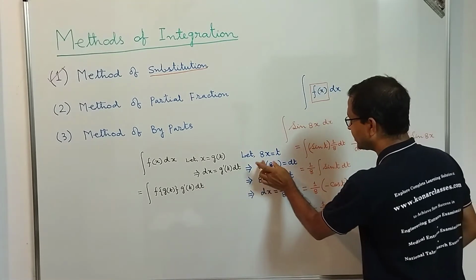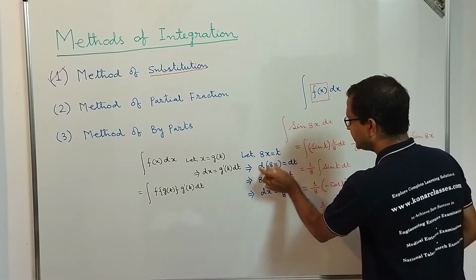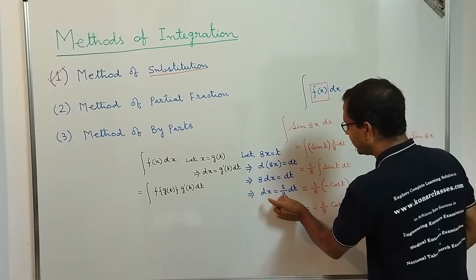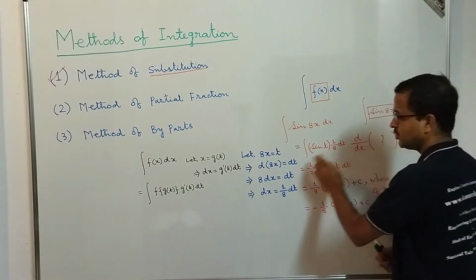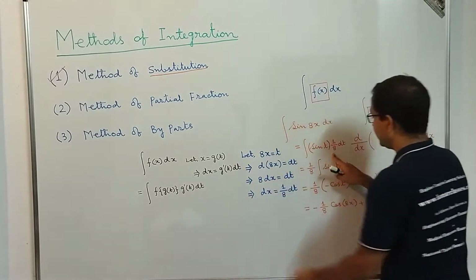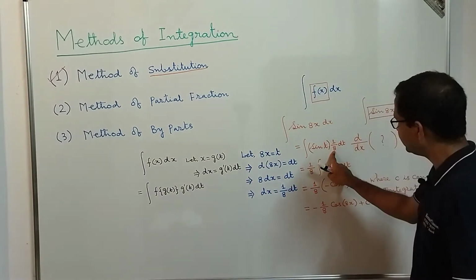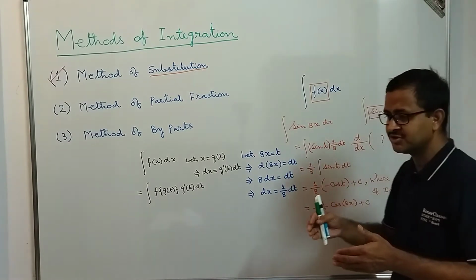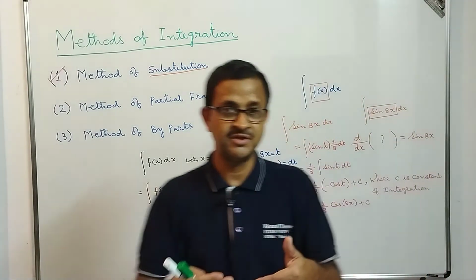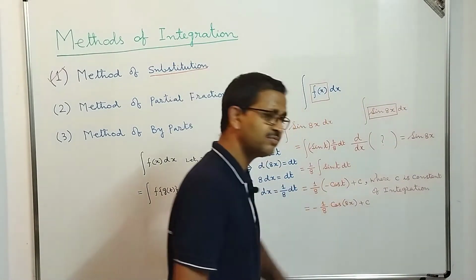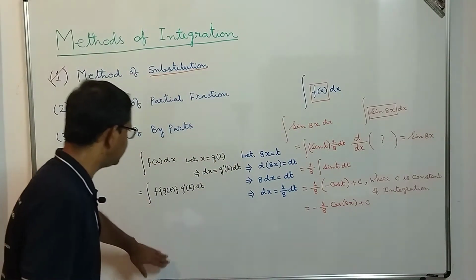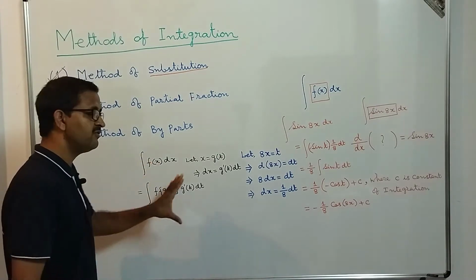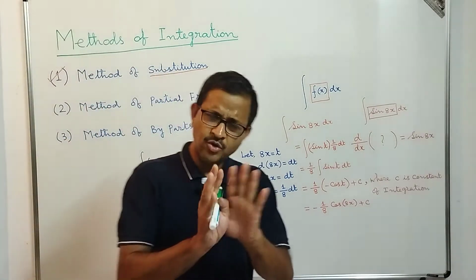That means if you take 8x equal to t, dx should be equal to 1 by 8 dt. That's what we have written here. Because of this, the integration becomes simple, because we know how to find the integration of sin t dt. So if we do it in this manner, the integration will be very easy. I hope you got the idea.